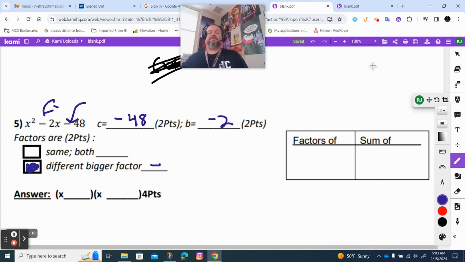Now, 48 has lots of different factors. 2 and 24, 3 and 16, 1 and 48, 4 and 12.